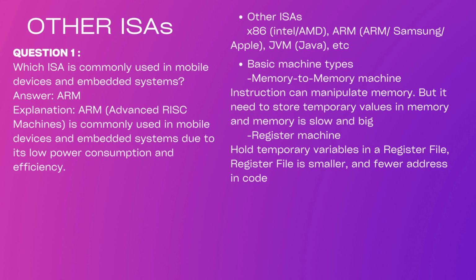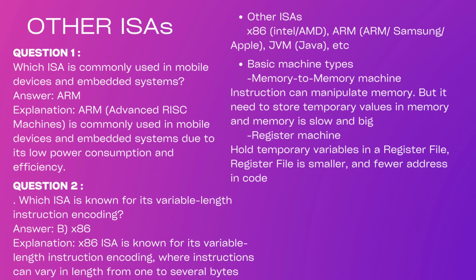So the first question is, which ISA is commonly used in mobile devices and embedded systems? The answer is ARM. Explanation: ARM is commonly used in mobile devices and embedded systems due to its low power consumption and efficiency.